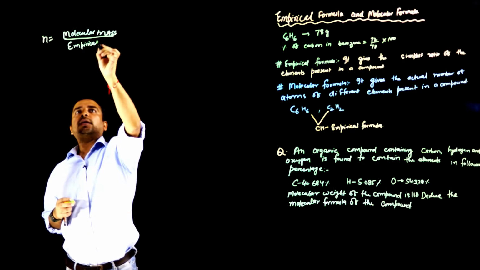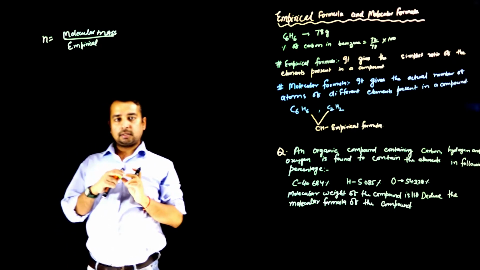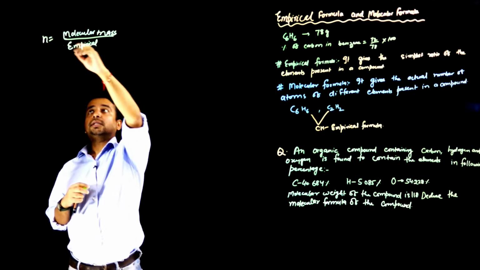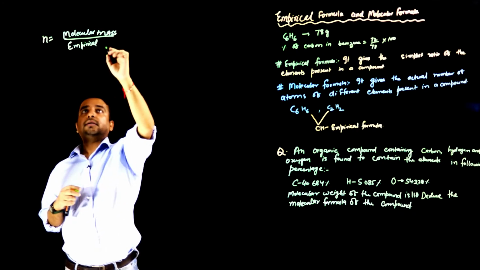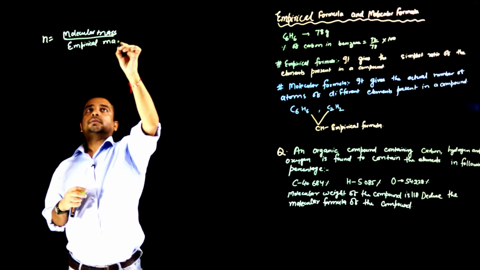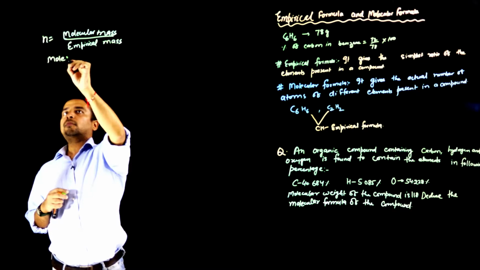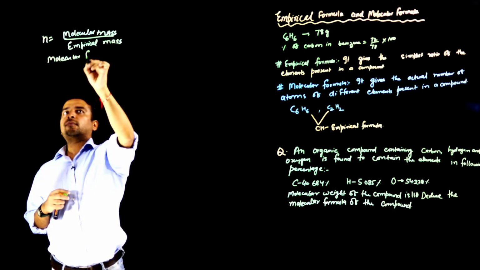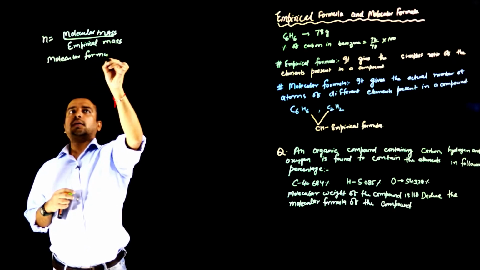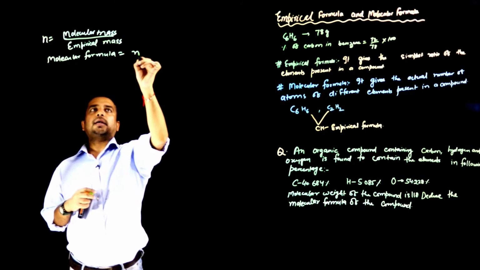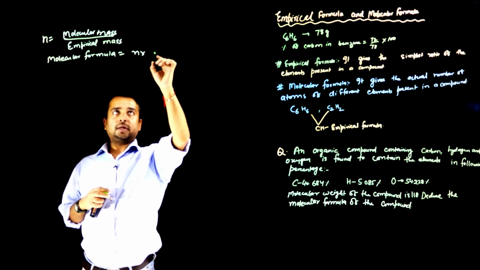So N tells how many empirical formula units are possible in a given molecular formula, and the molecular formula is given as N into empirical formula.